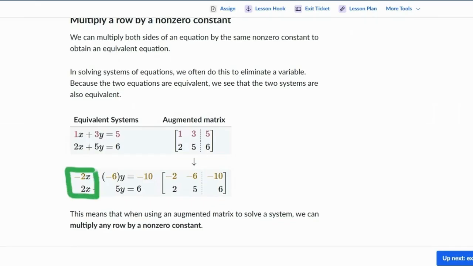So when you multiply everything here by negative 2, that changes this equation to this. That's why we're allowed to do that with a matrix. You just take the entire row and multiply it by negative 2, because that's the same thing we would do solving a system of equations by elimination. We would try to get those equal to each other, one with a positive, one with a negative, so we can add them together.